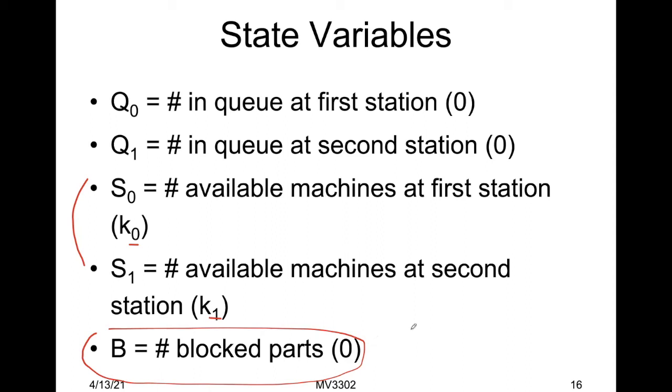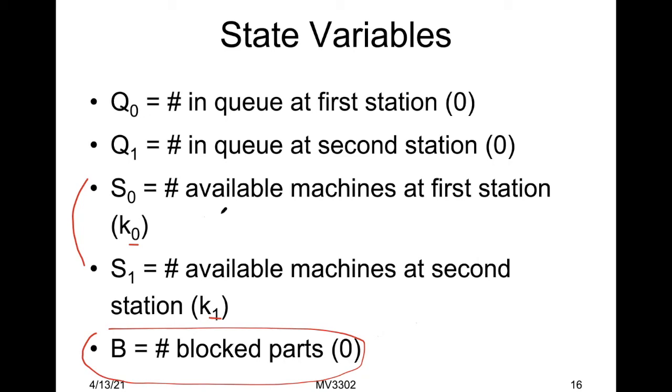Okay, so we have this additional state variable because, remember, the state variables that we have for the queue and the number of available machines do not capture the full situation.